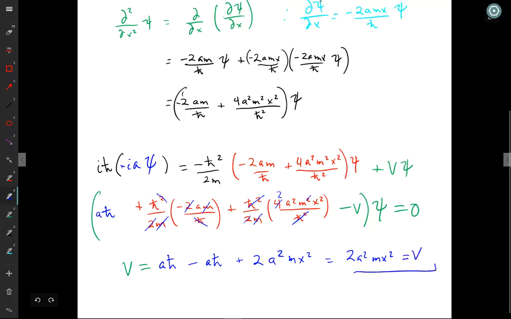And so that's what the potential energy function is going to have to be to get this solution from the Schrodinger equation.